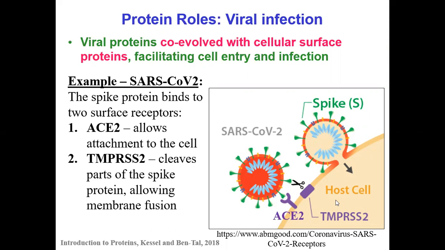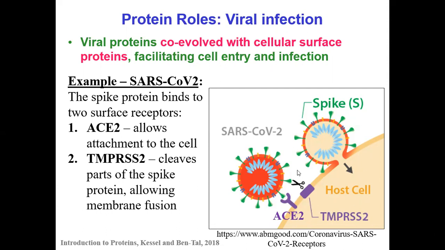And this is because viruses have co-evolved with their target organisms, which means, among other things, that these viruses have developed certain proteins that are recognized by the host's membrane proteins, or some of them. And this recognition allows the viruses to bind to these membrane proteins, and this way become very close to the host cell and infect it.